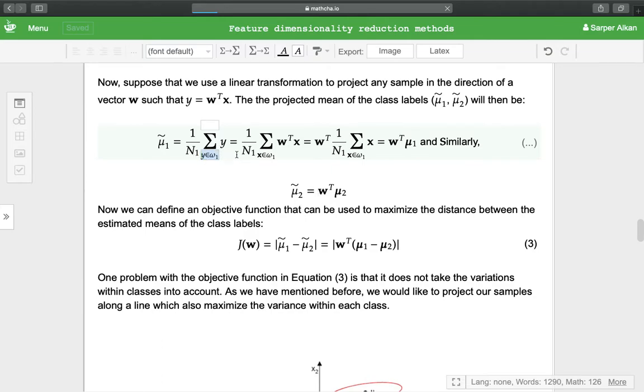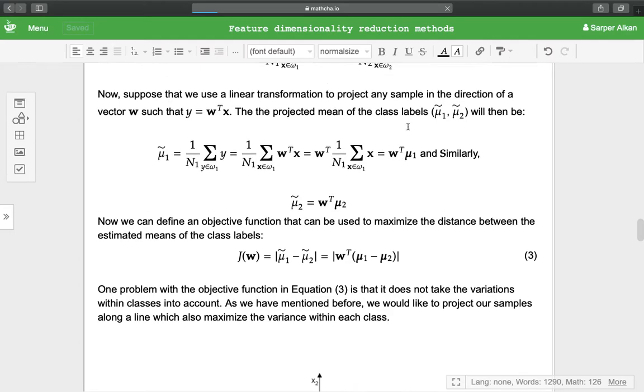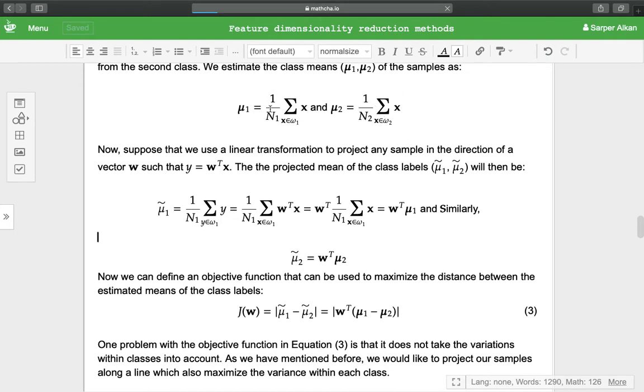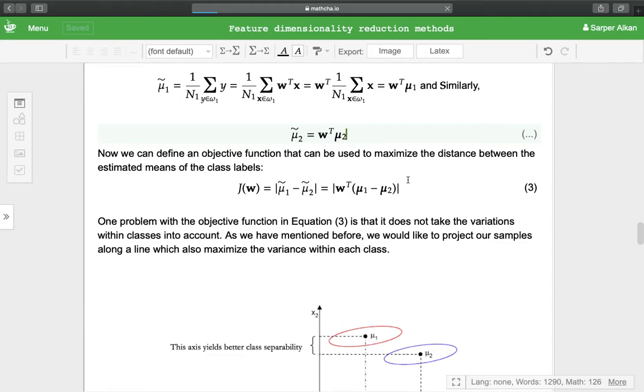That's equal to w transpose x, where x belongs to the first class, which is equal to w transpose times the average of x that belongs to the first class, that is mu1. So we have mu1 tilde equal to w transpose times mu1. Similarly, we can calculate mu2 tilde.